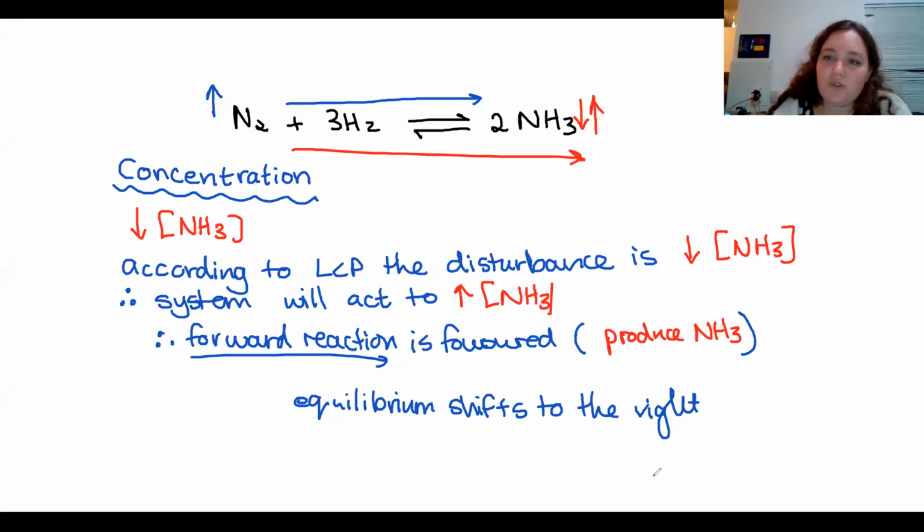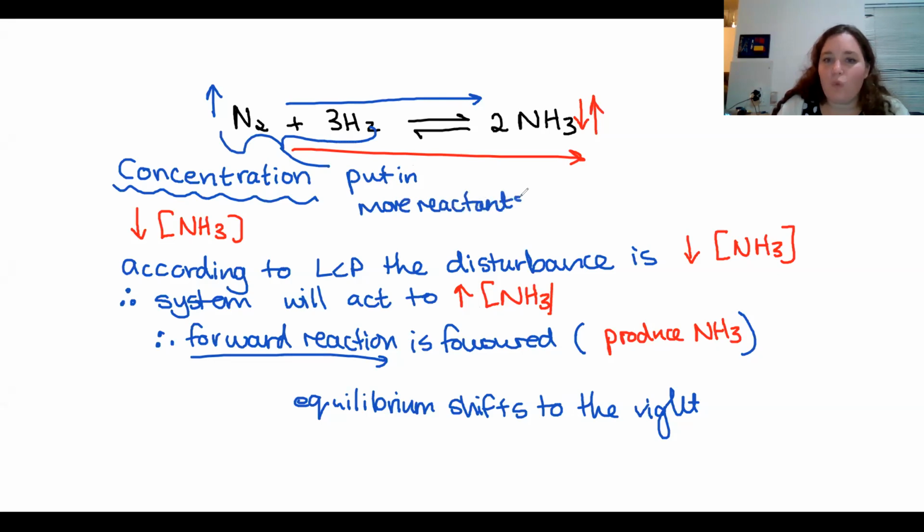So what we do in an industrial reaction to push the reactions in the directions we want is continuously put in more starting materials. And instead of waiting for our products to break down, we continuously remove the products.